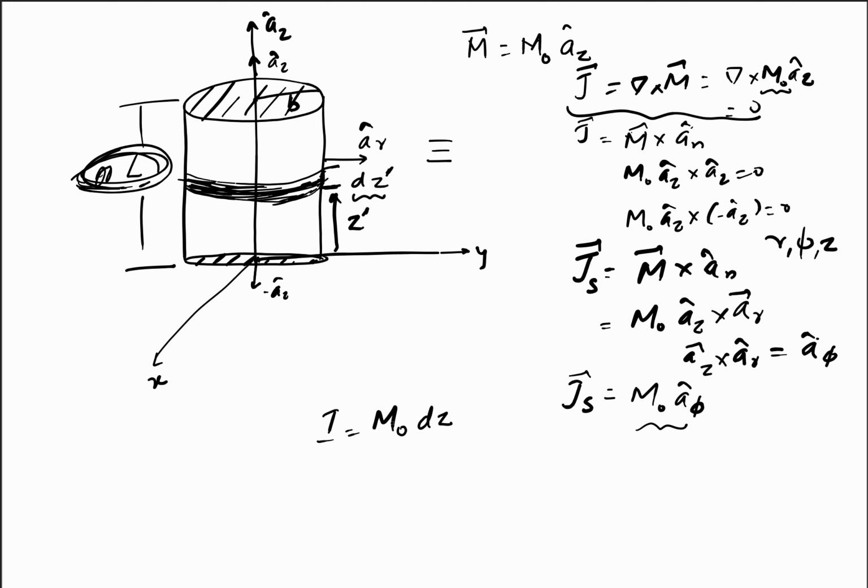Now, as you can see, on the top and bottom surfaces there is no current, but on the curved surface there is a current equal to M naught dz dash, and its direction is the a phi direction.